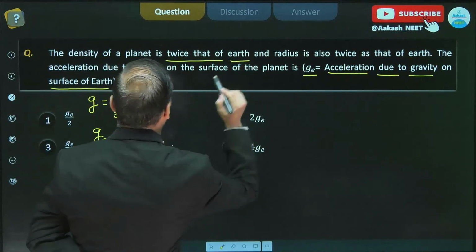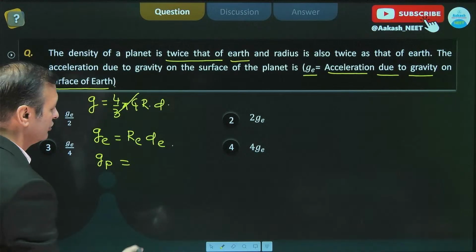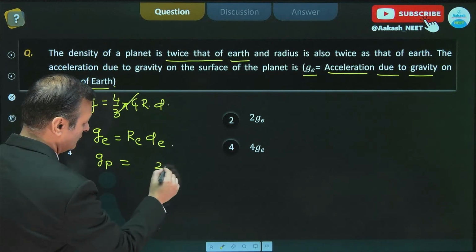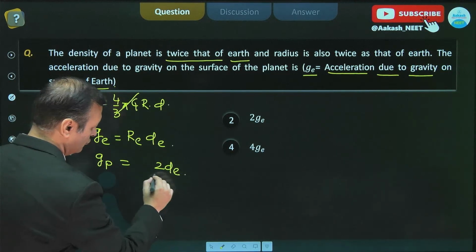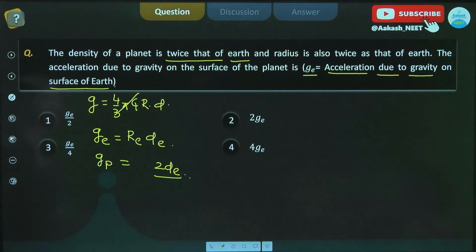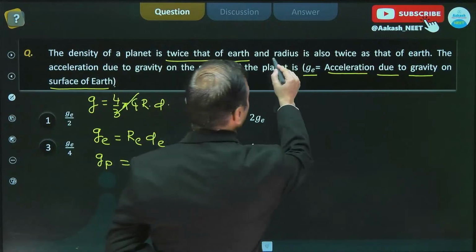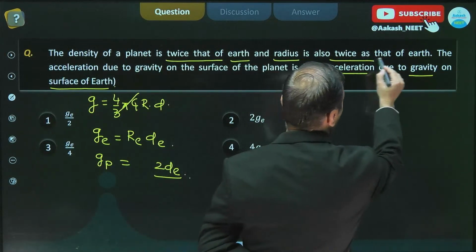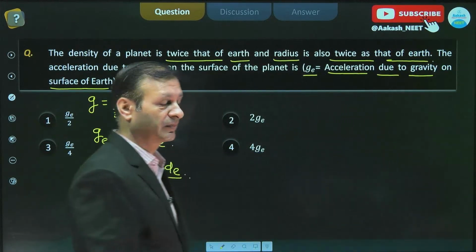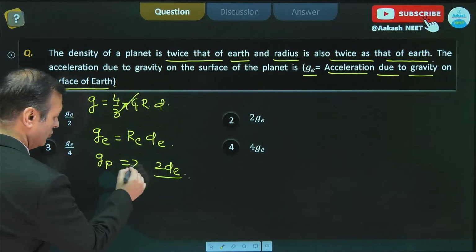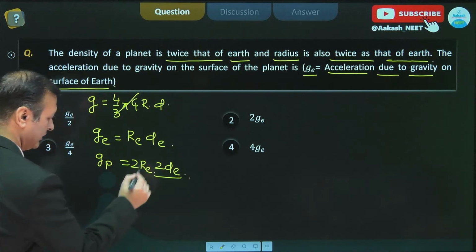The size or the density. So density is twice. So this is the density for the planet, which is twice the density of Earth, and radius is also twice that of Earth. So that means 2 times RE.